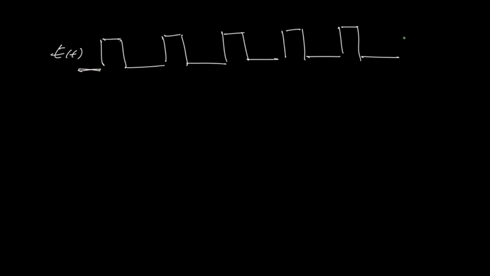We get the output out of here, and I'm going to call it E average. So E average is simply E at the output of the RC circuit.